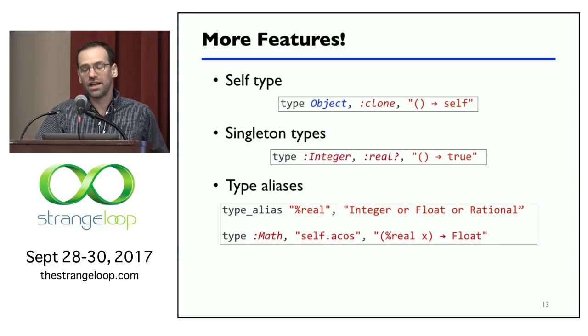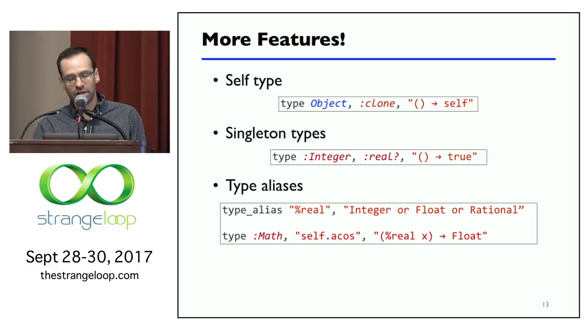And there's also some weird cases in the math library where things return pi or 0 or things like that. So it's nice to be able to write those down. And then finally, we found it's, as you'd expect, really useful to have type aliases. So here, %real is an alias for the union of integer, float, and rational. And so that's one way you can get this interface style notation for things without having to declare one if you don't want to.